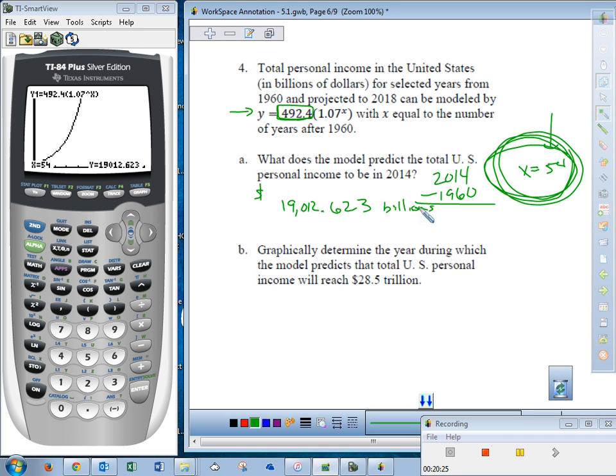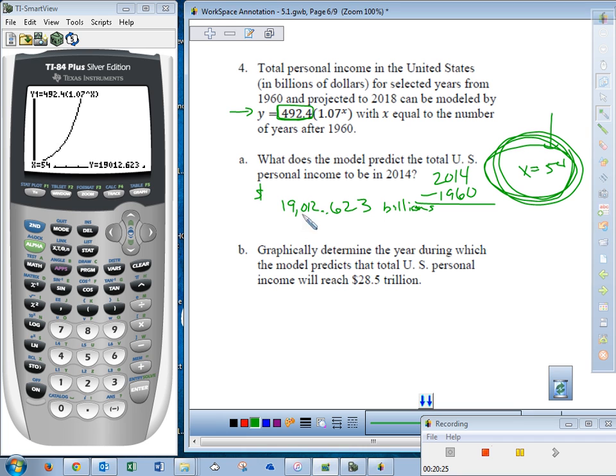Now let's see if you know anything about when you put a decimal involved with billions. $19,012 billion doesn't really make sense. When you get to 10 billion, you can go up to 100 billion, you can get to 999,000 billion. Once you get past that mark, don't you go up to a new mark? What's the next thing after billion? Trillion.